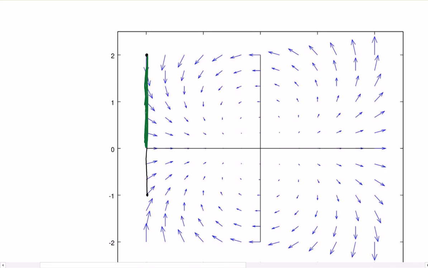But as soon as we pass that threshold and go down here, the arrows are pointing more up. And so the angle between these arrows and our velocity vector is obtuse, giving us a negative dot product. So for part of the path, we're integrating a positive function, and for the end part of the path, we're integrating a negative function.